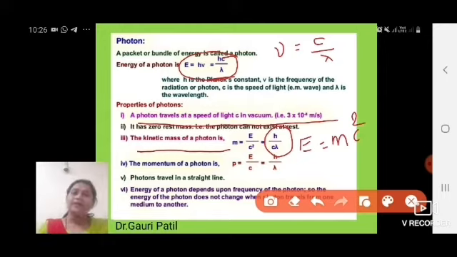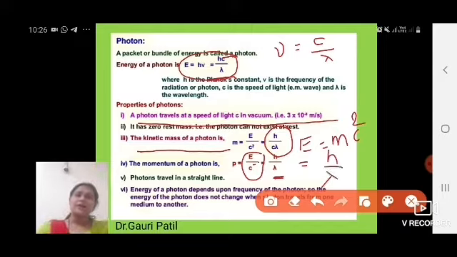Then the momentum of a photon is p, which is given by E upon c. By putting the value of E is hc upon lambda, we get p is equal to h upon lambda.